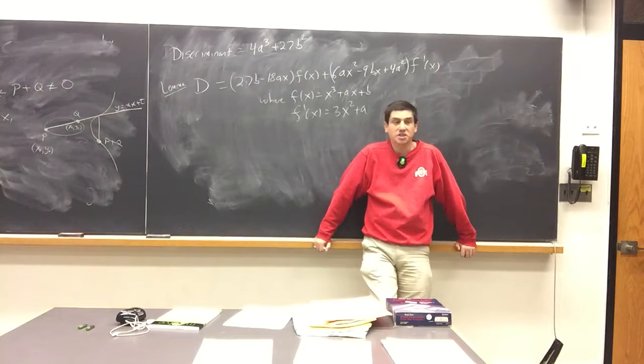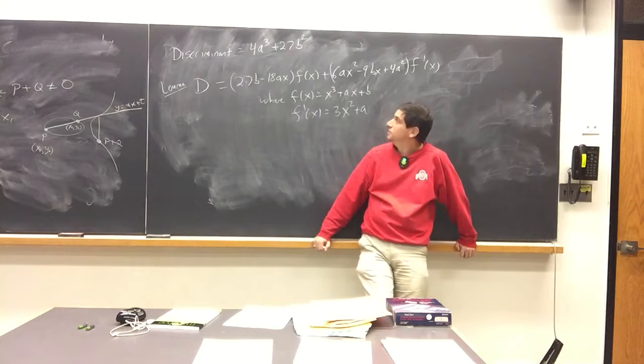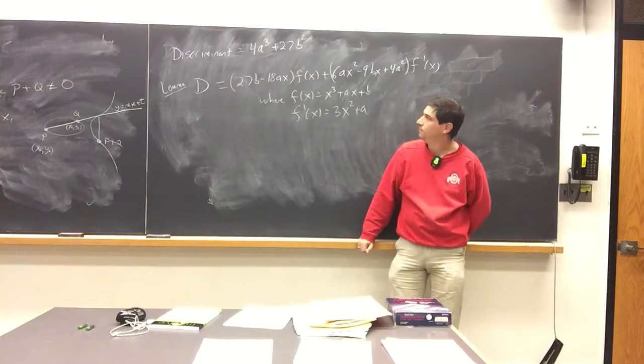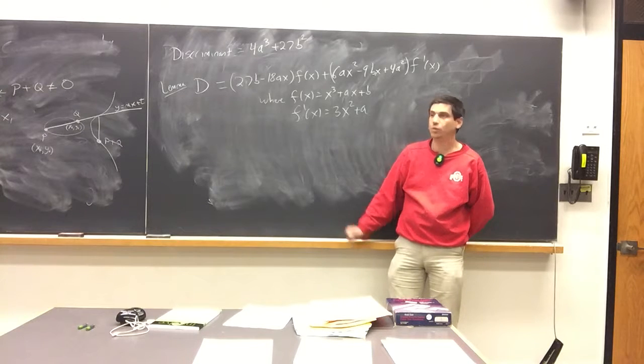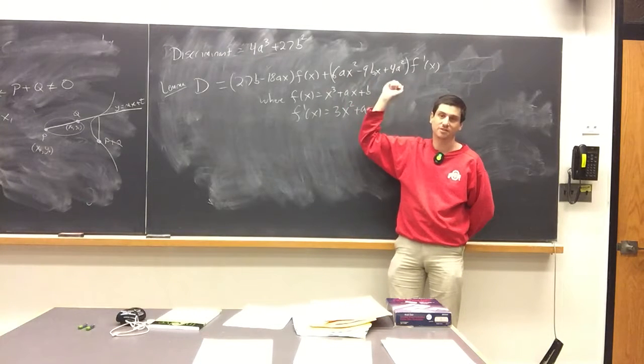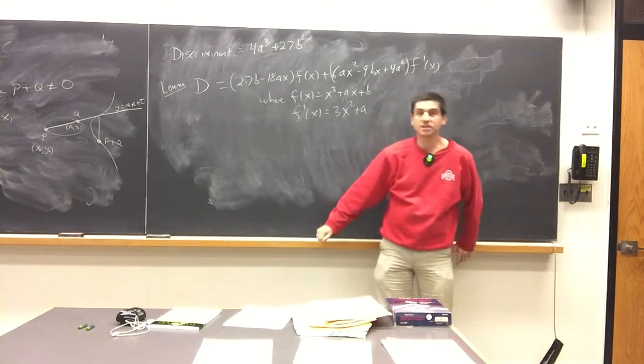The left-hand side is just a number. The right-hand side has x dependence. Should I be worried? What must happen on the right-hand side? All the x's have to cancel.